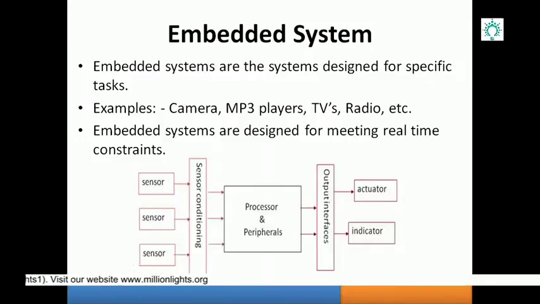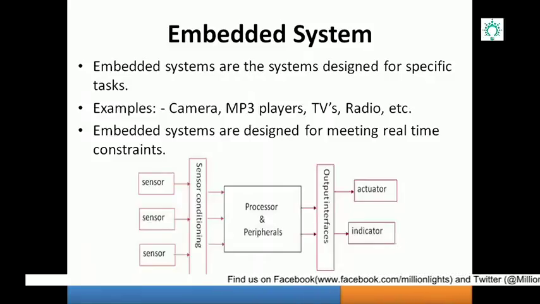Then the next thing is MP3 players. An MP3 player is also an embedded system, and it is used to listen to music or audio or songs. If we take one more example of an embedded system, it is a TV. A TV is an embedded system as it is used to watch channels and movies and all kinds of things. Radio is an embedded system.